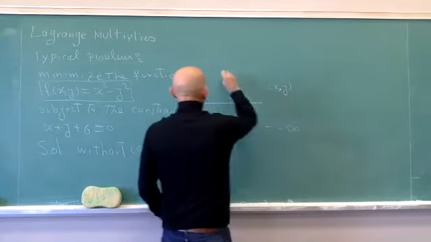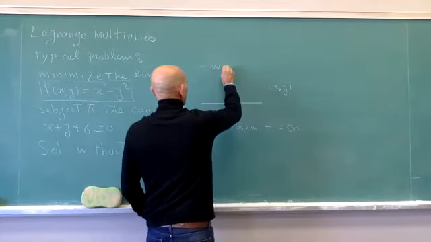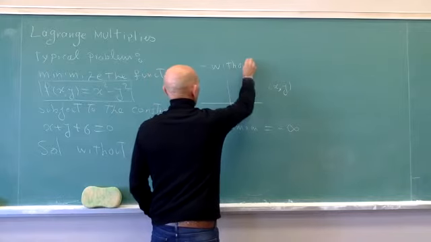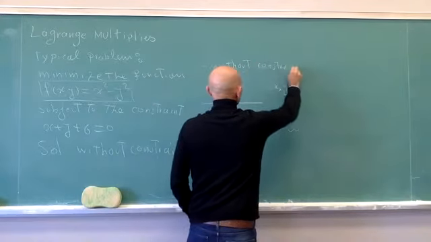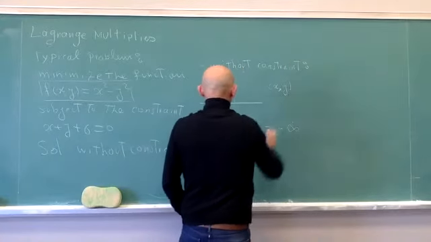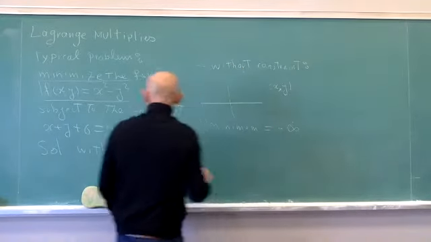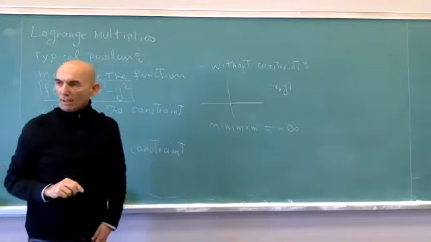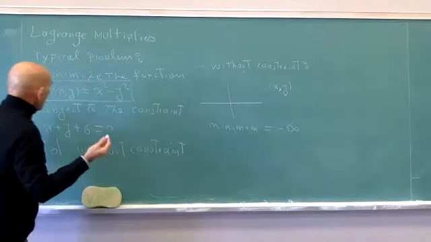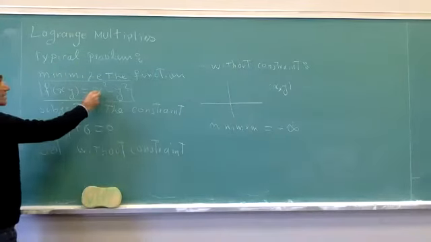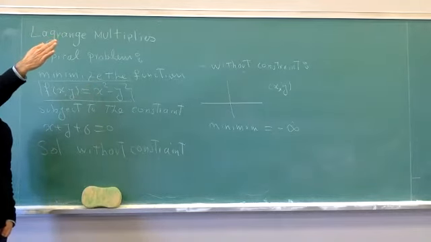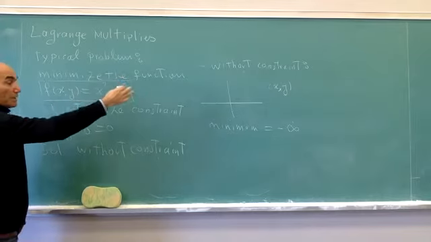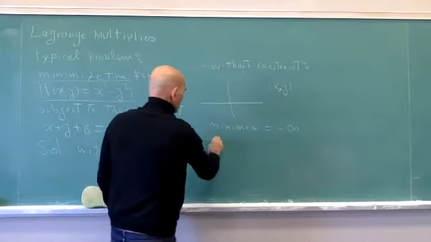So without constraint, the minimum would be negative infinity. Can you tell me why? You could take, for example, x equal to 0 and y to be bigger numbers. In that case, it would go to minus infinity, right? Just let x equal to 0.